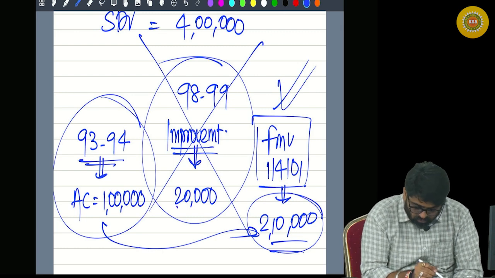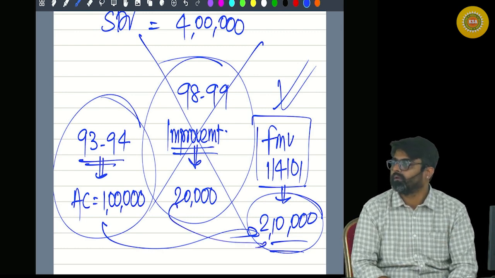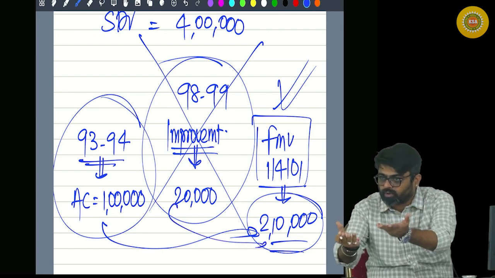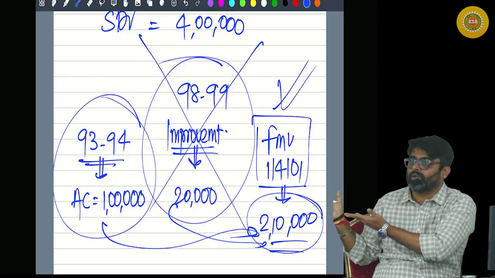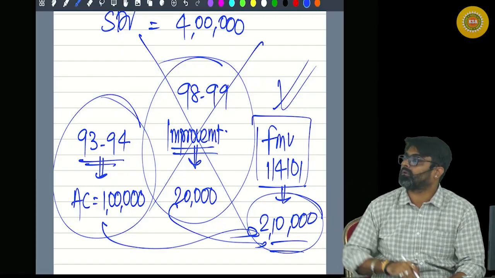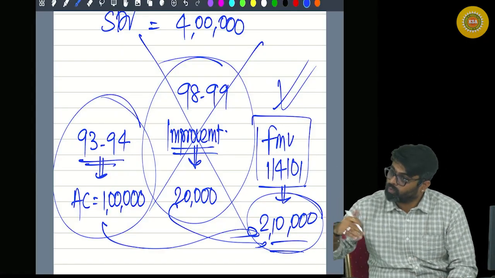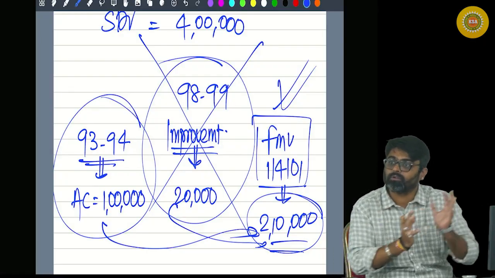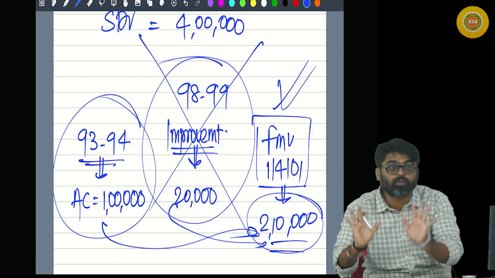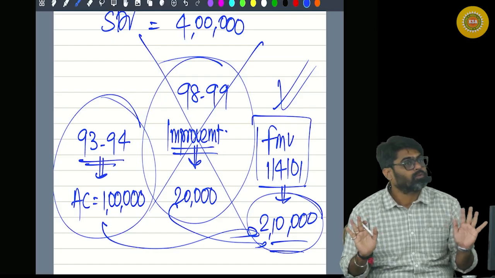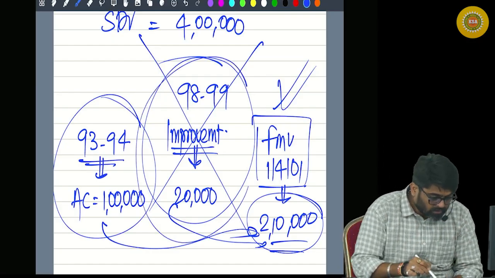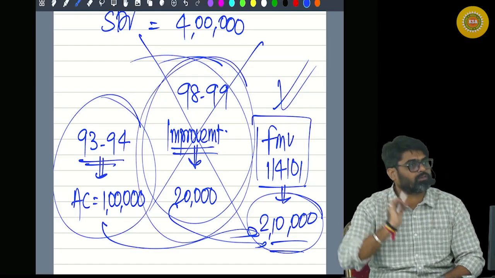If we are giving you the option to take this fair market value as your cost, will you take 1 lakh or 2,10,000? That 2,10,000 covers your cost and your cost of improvement also. So we are not going to allow this separately. Ignore this cost of improvement.